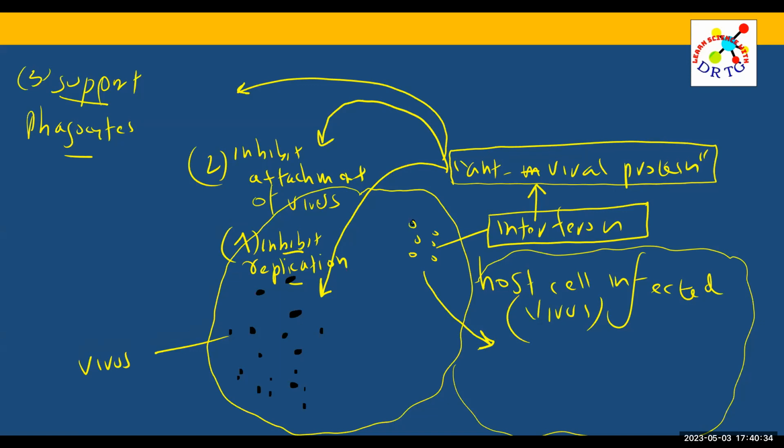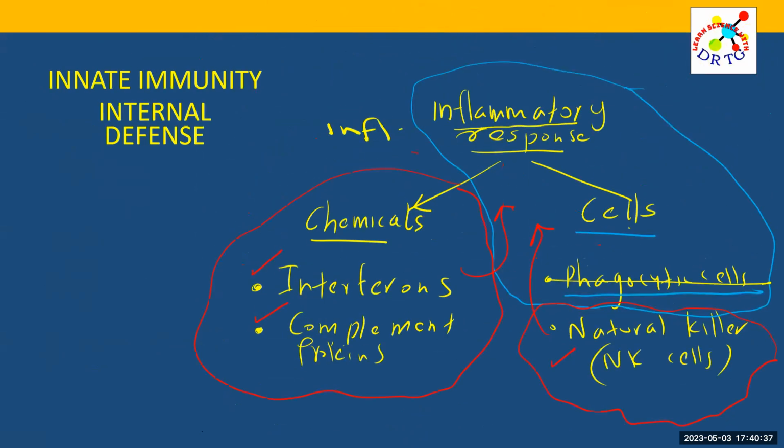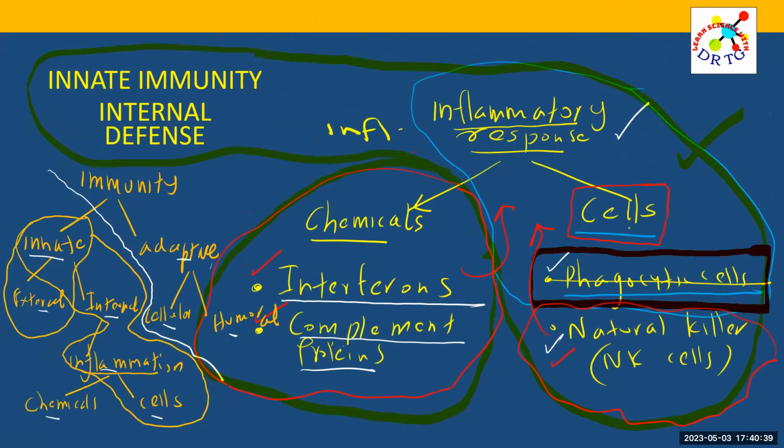And coming back to where we are here. We are still talking about innate immunity, internal defense. In internal defense, we can place everything under the inflammatory response. We have discussed the inflammatory response in the previously uploaded video, so you can watch that video. I discussed the role of phagocytic cells and natural killer cells, and under chemicals, I discussed interferons.